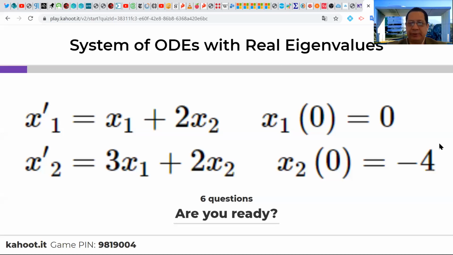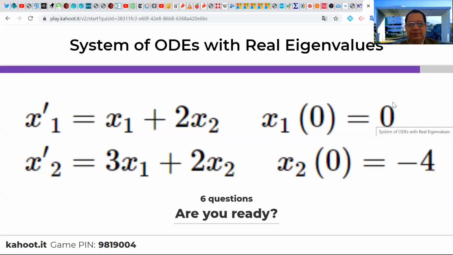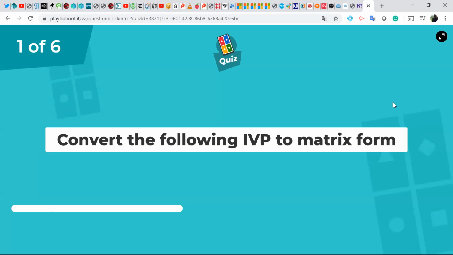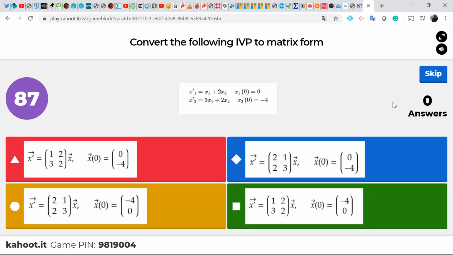So let's work with that. You're given a system of two equations. You are asked to find the matrix form. So basically, you need to find the coefficient matrix.